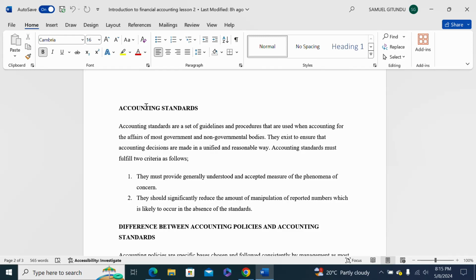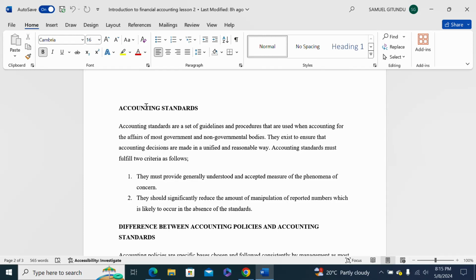Then we have the non-governmental bodies. When you're talking about non-governmental bodies, we are talking about all other businesses apart from government-run businesses. So non-governmental bodies include private companies, sole proprietorships, and partnerships.